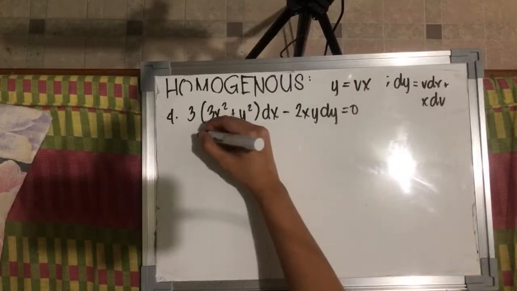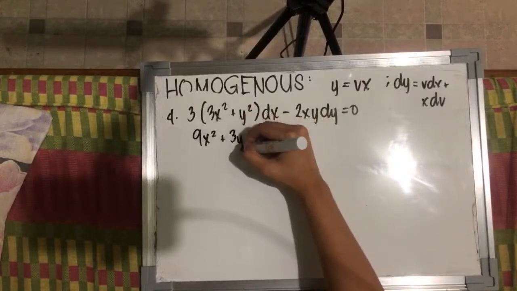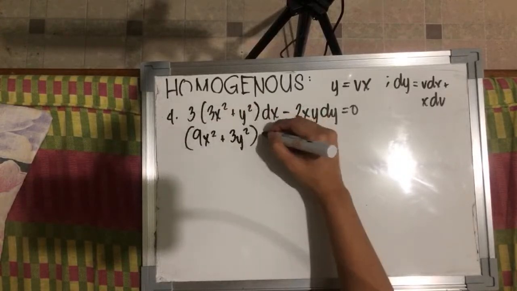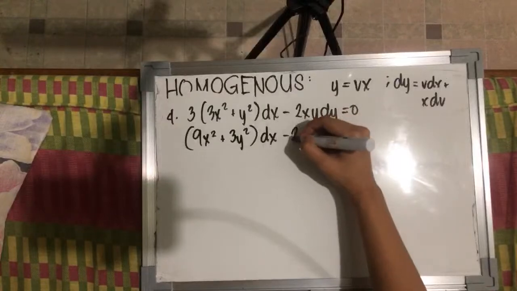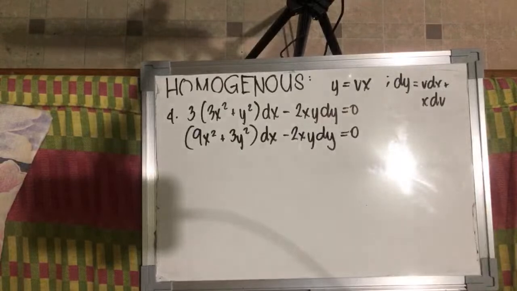So, simplify ko muna. 9x squared plus 3y squared dx minus 2xy dy is equal to 0.